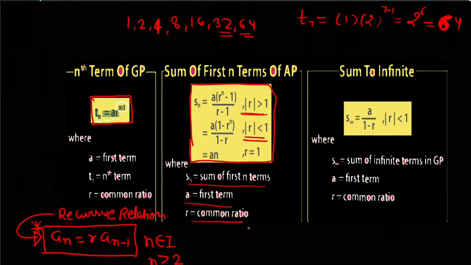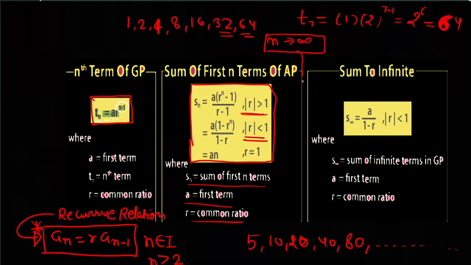Like we are taking this series up to the n term. But if n tends to infinity, or there are infinite numbers of terms in this series, like 5, 10, 20, 40, 80, and so on, it is going to infinity. There's no limit to the terms, or n tends to infinity, we can say so.